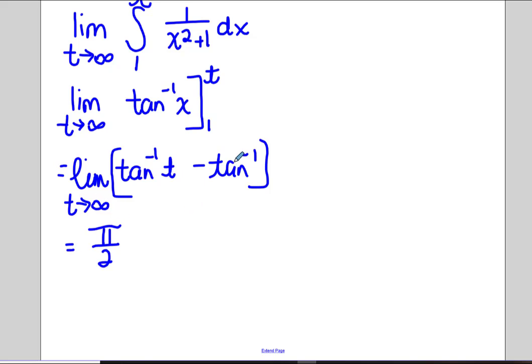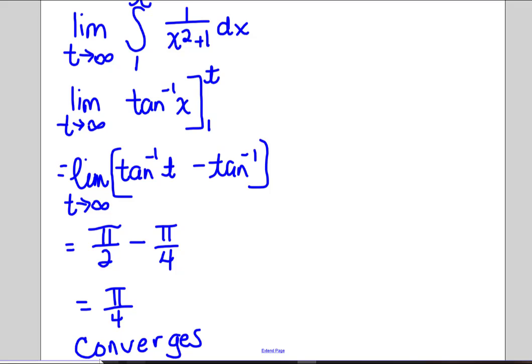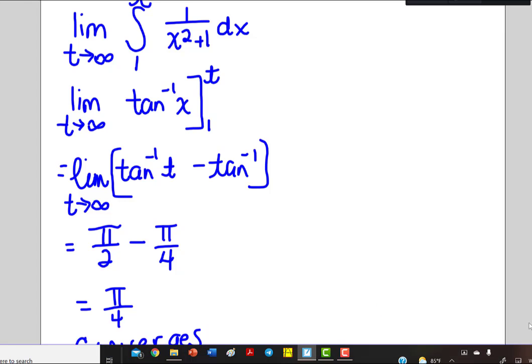And then tangent is 1 at pi over 4. So we have pi over 2 minus pi over 4, and grabbing a common denominator, 2 pi over 4 minus pi over 4 gives us pi over 4. So our series converges using the integral test.